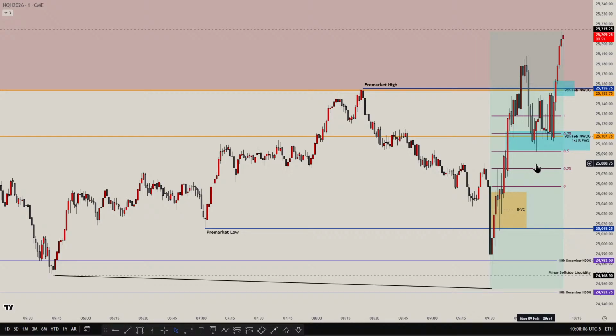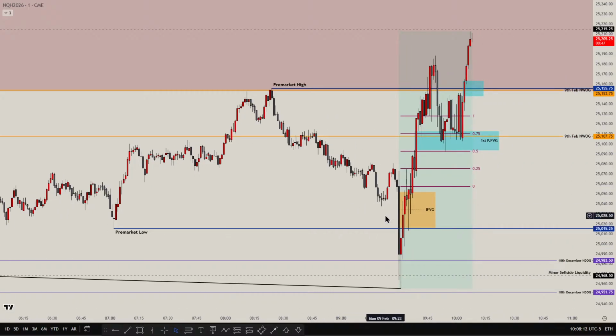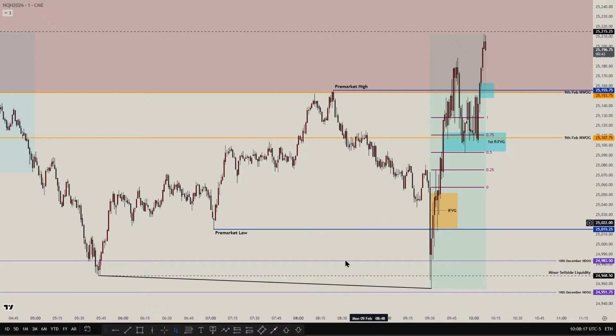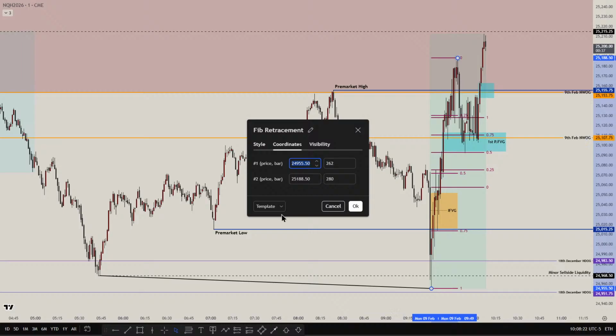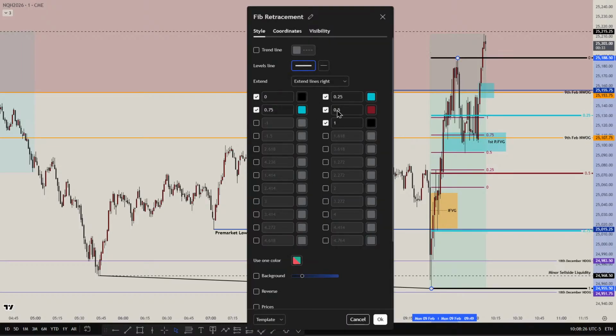So if I were to grade that move to the pre-market highs, what would I put my fib? The move from the low to the pre-market high. You would put your fib like this: low 931, high 949. Like that.